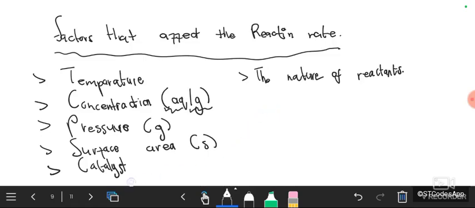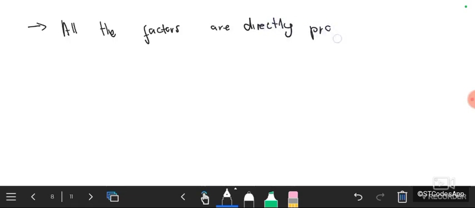And then the last thing that I want you to know in terms of these factors is that all the factors are directly proportional to the reaction rate.